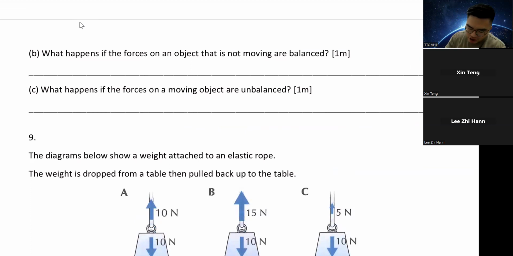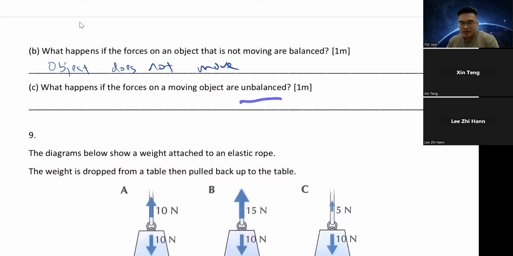Okay, what happens if the forces on an object are balanced, right? If there's a phone on my table, I push one side with 20, they're not going anywhere. Okay, the object does not move. Right?